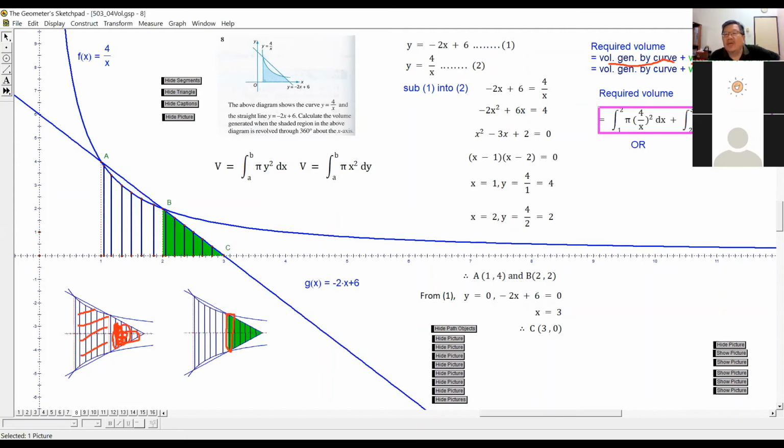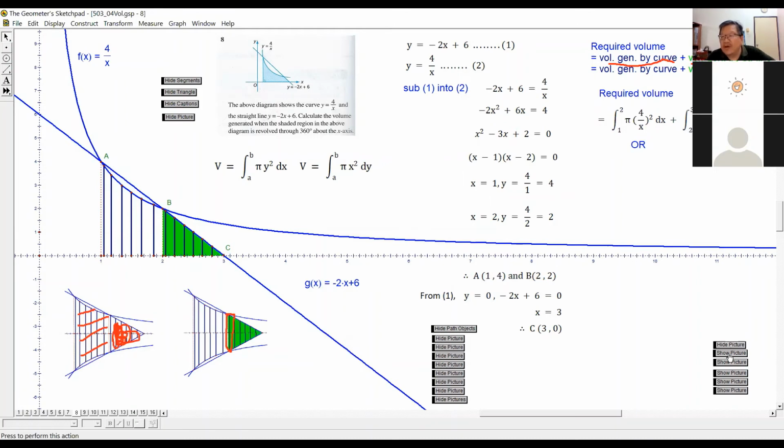You can always integrate by y squared dx for the curve, and the volume generated by the straight line is also by y squared dx, but the y is the y for the straight line, negative 2x plus 6, squared.